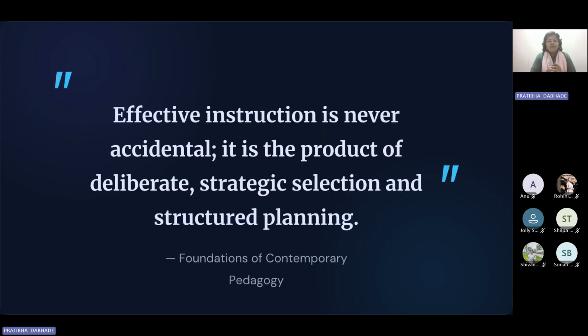This is really true. Effective instruction is never accidental. It is the product of deliberate, strategic selection and structured planning.